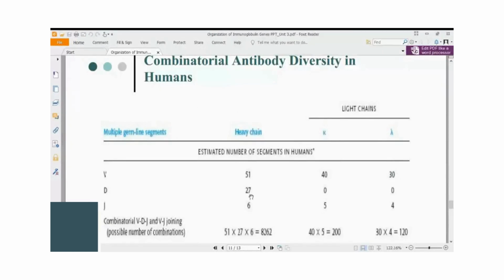Diversity, I had said about 30 segments are there, of which 27 they have shown here, and there is no diversity segment in the kappa and lambda chain. Junctional, 6 I had said here, 5 here, and 4.